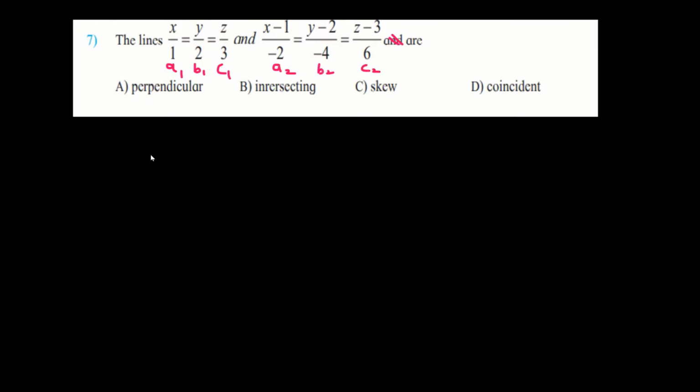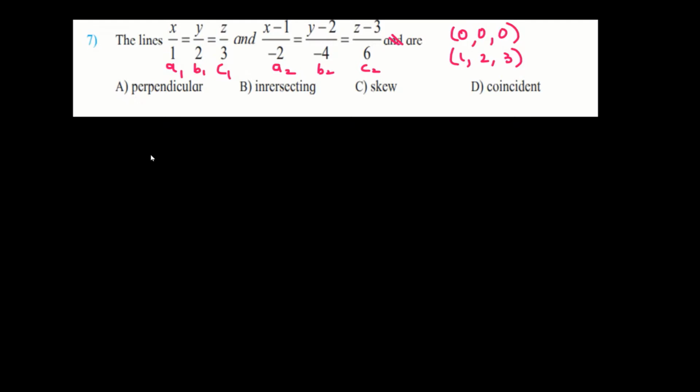Similarly, the point on the first line, x1, y1, z1, is 0, 0, 0, which we get from the equation of the first line. For the second line, x2, y2 and z2 become 1, 2 and 3.